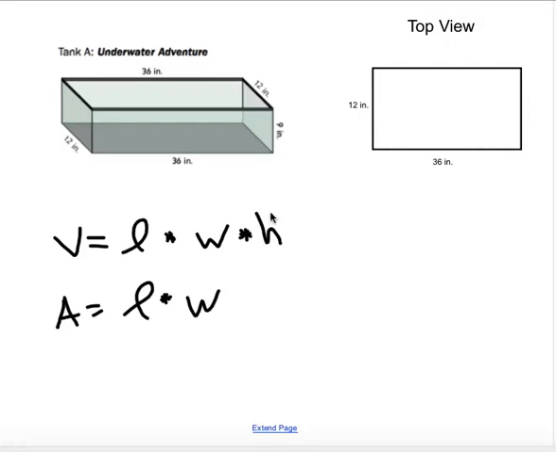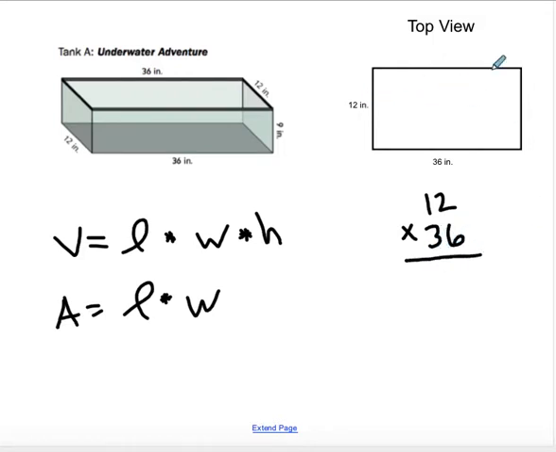But okay, so to find first the area, which would just be the bottom of the tank, we would take our 12 and multiply that by 36 to get our area.